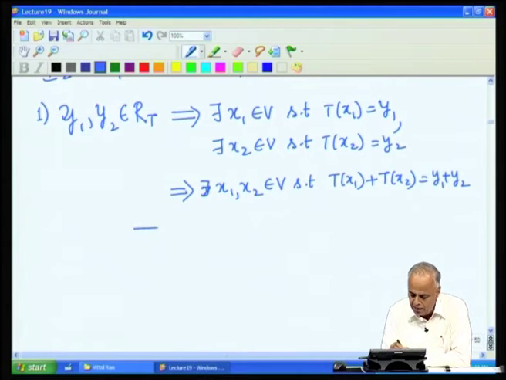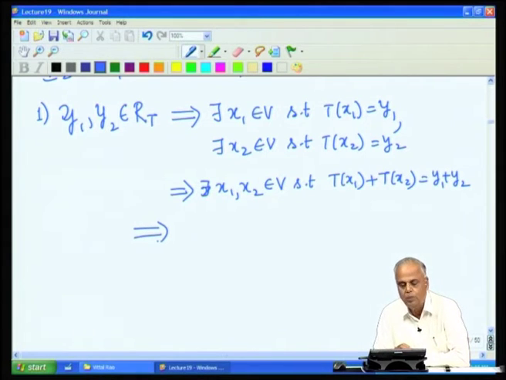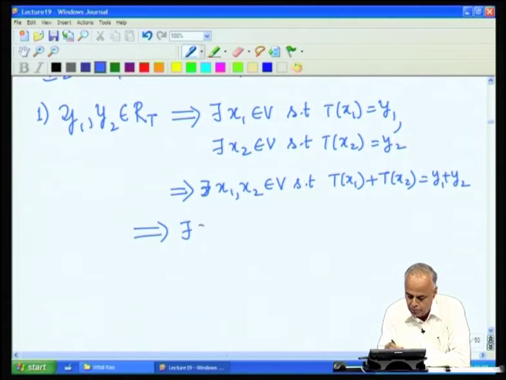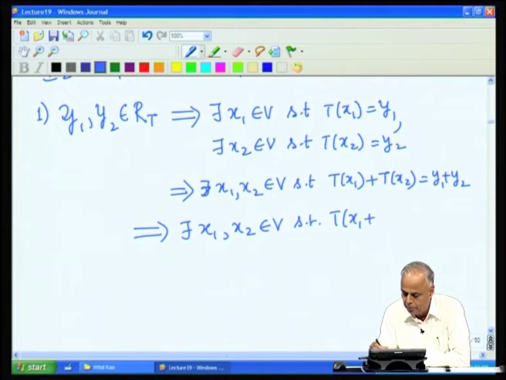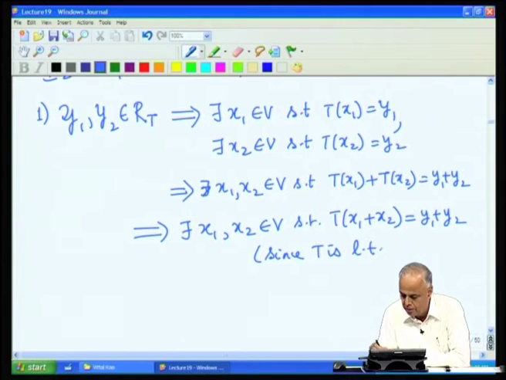Now, since T is linear, T of x 1 plus T of x 2 is T of x 1 plus x 2. So, this means there exist x 1, x 2 in V such that T of x 1 plus x 2 is equal to y 1 plus y 2 since T is linear. Since T is a linear transformation, T of x 1 plus x 2 is the same as T of x 1 plus T of x 2.